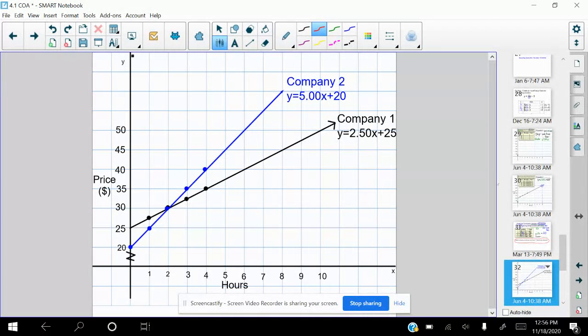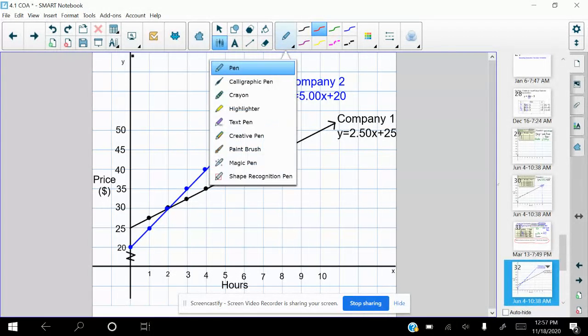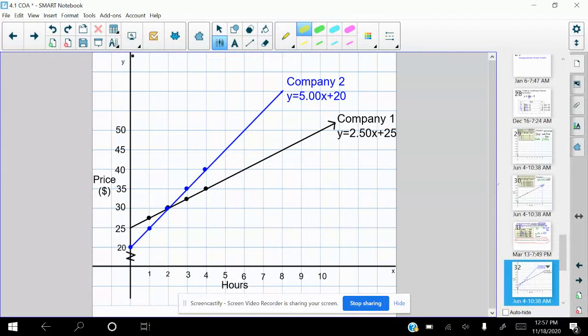So now that you've written down who you feel you would go with, let's talk about something that you might have noticed. Well, if we look right here, it looks like those two lines hit each other. They intersect. What does that mean in terms of real life, though? Well, what's the hour at that point?